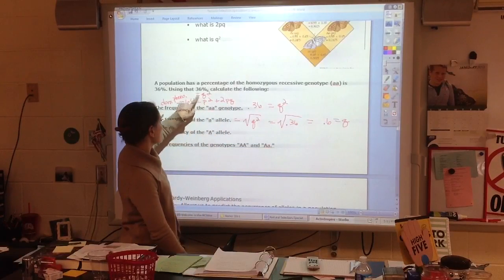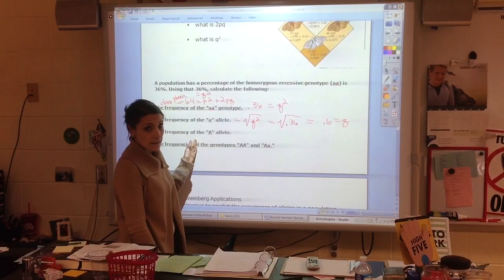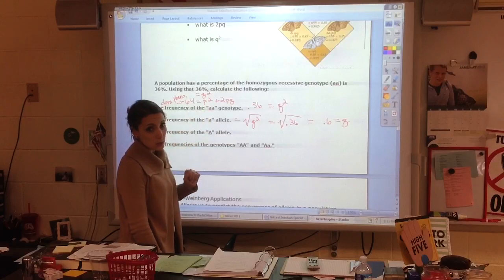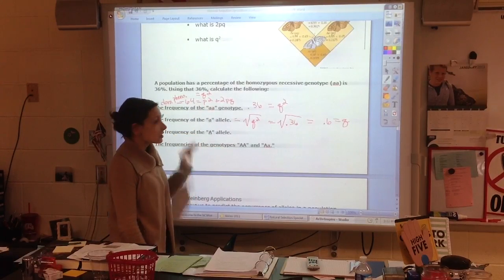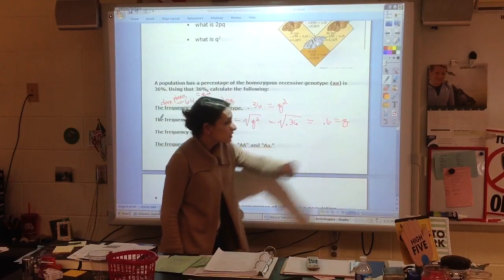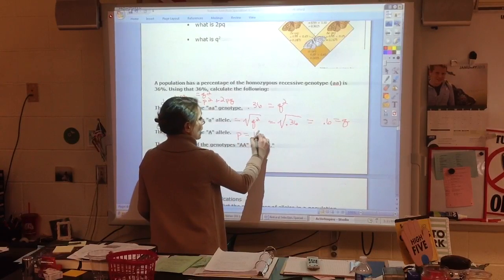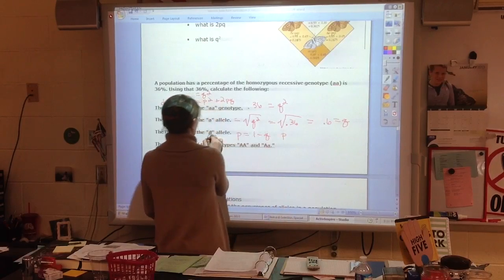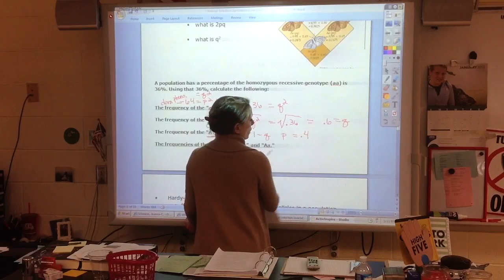The reason you can't just take the square root of 0.64 to equal A is because 64 does not equal P squared. So to get P squared, we'll get there in a second. To get P squared, we're actually going to go from P. So it turns out that 0.6 equals Q. P is 1 minus Q. So P, which is the dominant allele, equals 0.4.